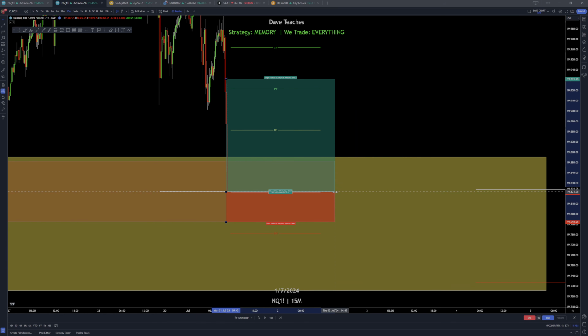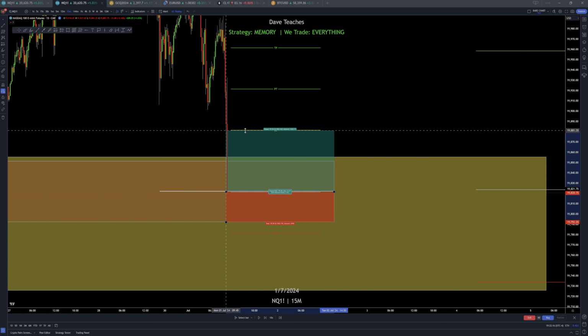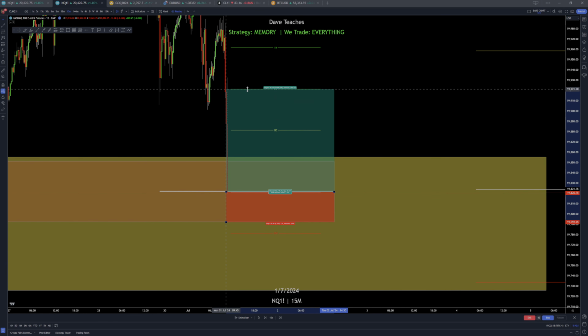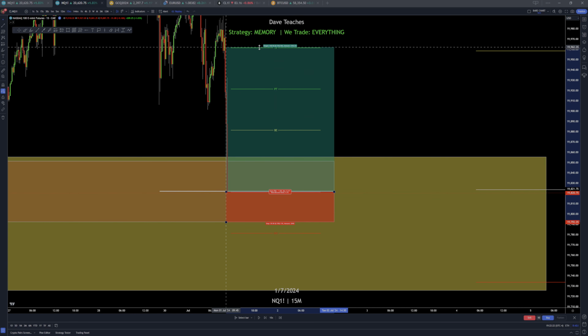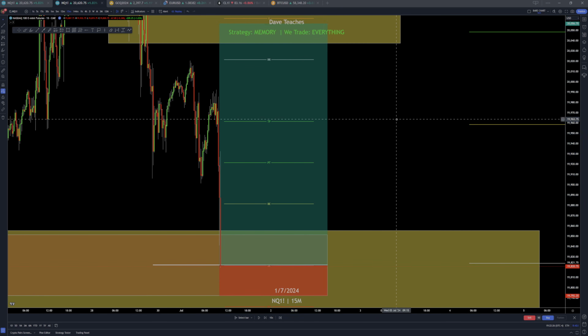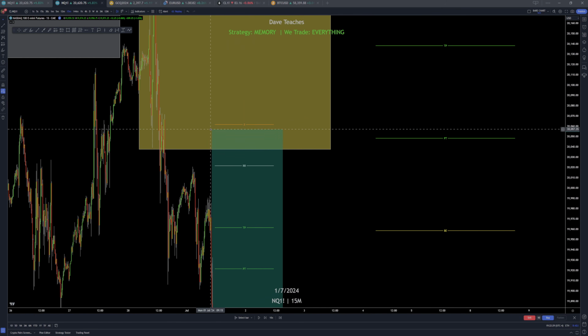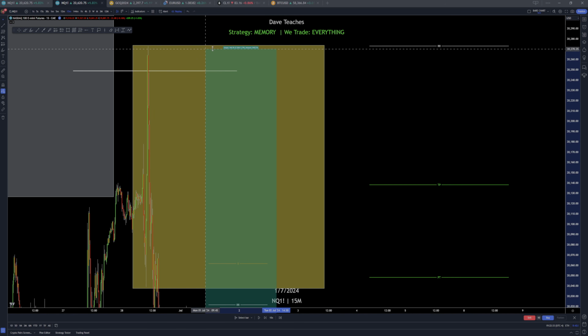So what we have here is we tap into this POI, and what's the first thing that we're doing? Break even is here, right? Partial is here at 100 points, right? Full take profit is here, and then you let the runner run until it reaches the runner for your runner.